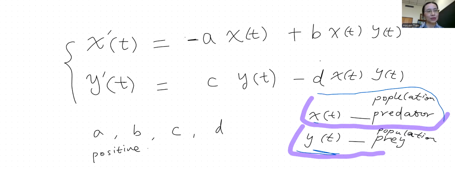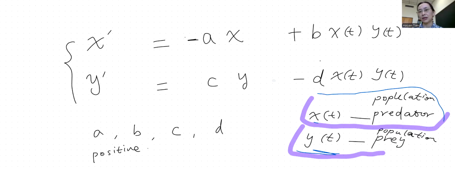As long as we remember that, we can simplify our writing. For example, we can remove the parentheses t, so just simply use the name x as name of the function, y name of the other function. So we can just take out the parentheses t, but always keep in mind they are functions of t.